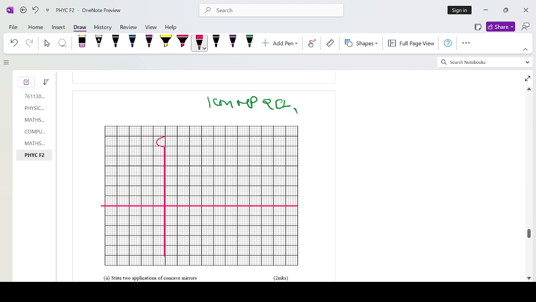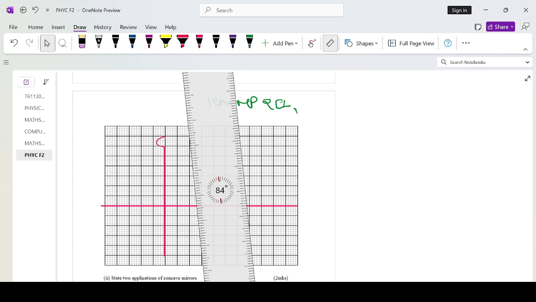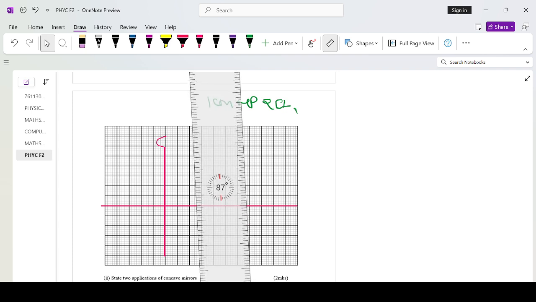So this one now, let me do it quite fast. Let me do it now. That's 5 centimeters away.